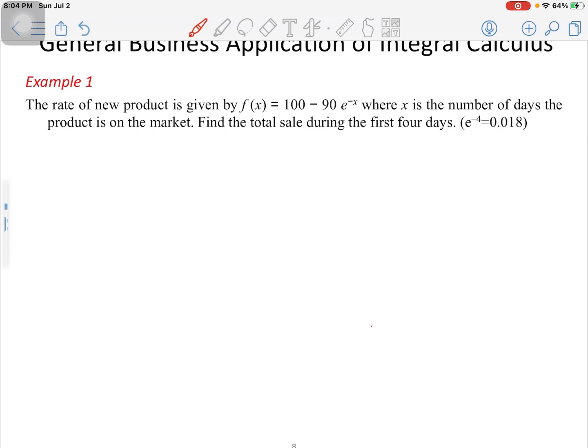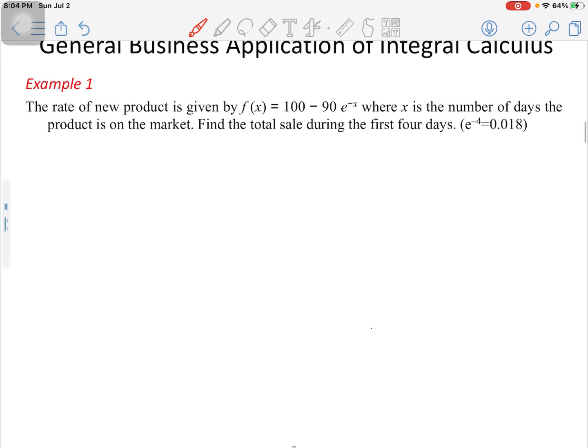Okay, let's solve it. The rate of sale of a new product is given by f of x equal to 100 minus 90 exponent negative x, where x is the number of days the product is on the market. The question is, find the total sale during the first 4 days.